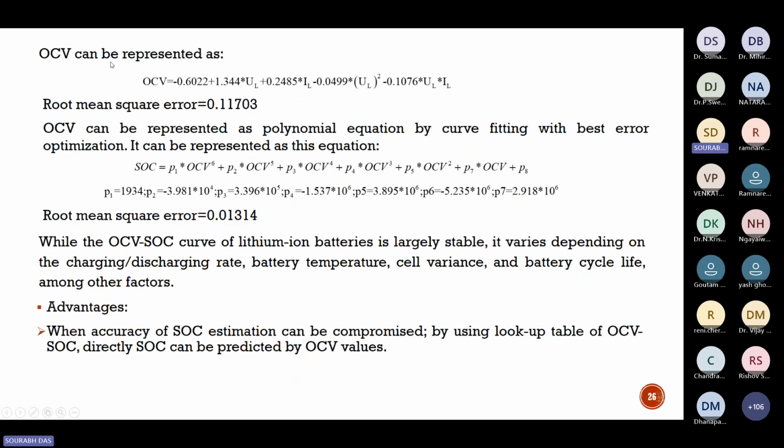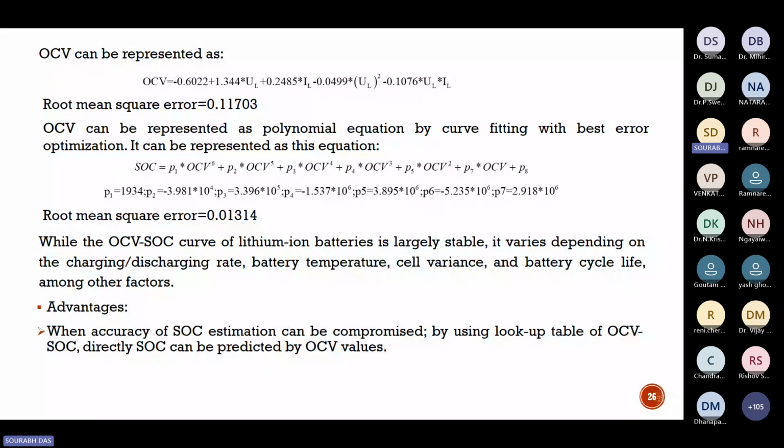Here we can see that OCV can be represented by this polynomial equation, and the root mean square error is 0.117. We can write the SOC in terms of OCV like the second equation, and the root mean square error is 0.0134314.